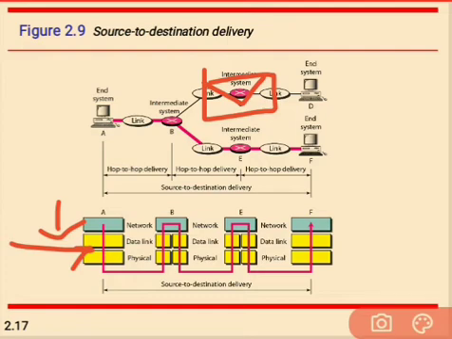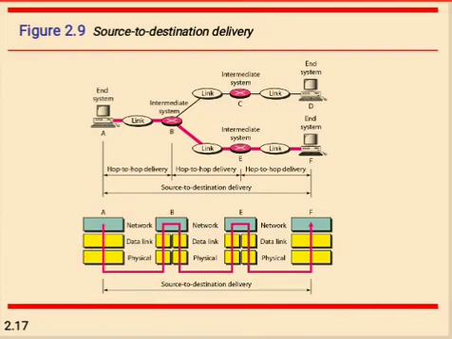If there is any error, the frame is sent back to A. If there is no error, it is sent forward to the receiver side. So this is about the network layer.